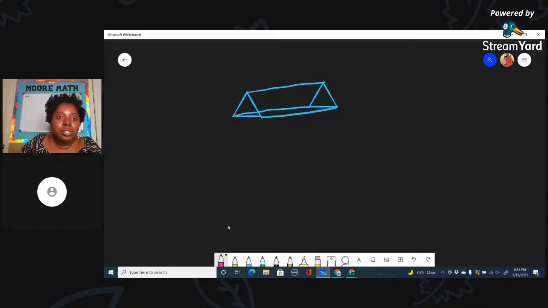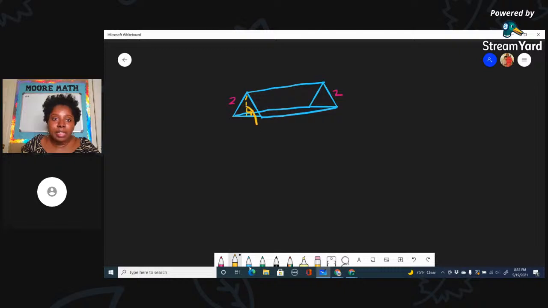Okay. So these 2 sides are going to be 4. No, we did 4 already. Let's do 2 and 2. Okay. So this side right here is 2, and the other side also is 2. We're going to draw in the height because the height has to form a right angle with the base.